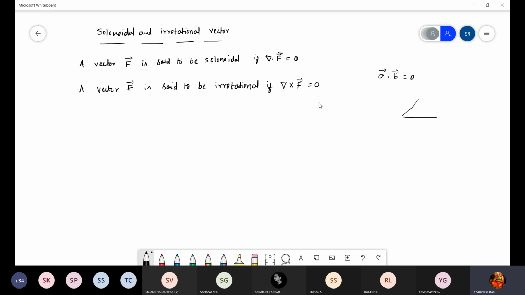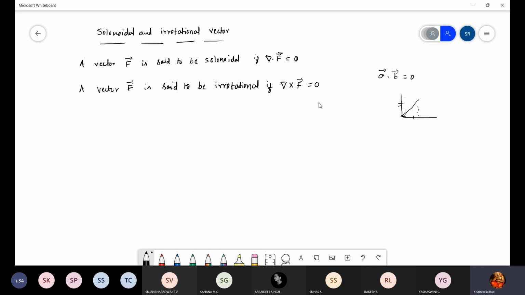Vector A and vector B: the dot product gives the projection of one vector on another vector. If it is 0, it should be perpendicular. Here is the same concept, del dot F equal to 0, but here del is a vector, a differential vector.